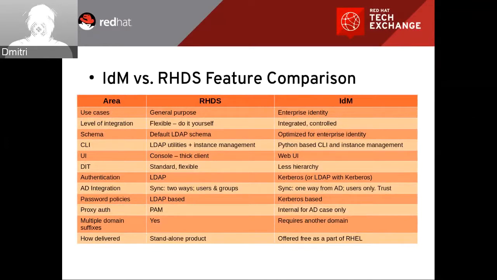In Red Hat directory server, the directory is standard and flexible, while in identity management, it is less hierarchical and optimized for the specific use case. The main authentication in directory server is LDAP, while the main authentication in identity management is Kerberos, and everything is around Kerberos. Kerberos is the key component.